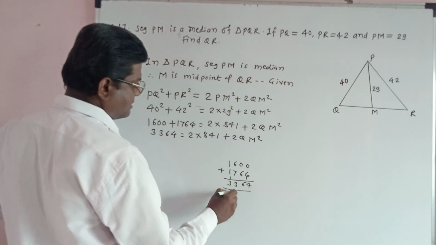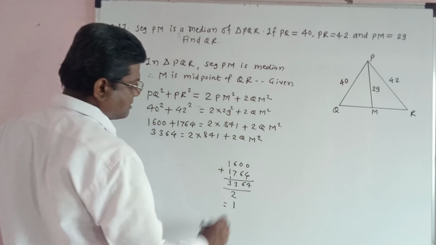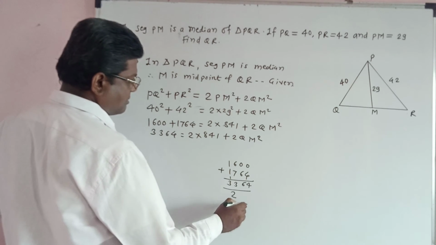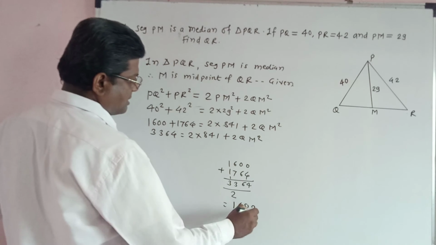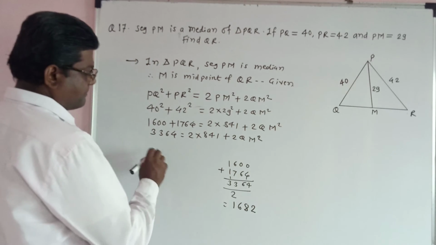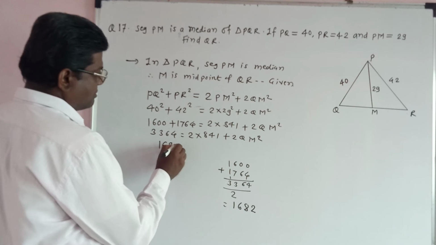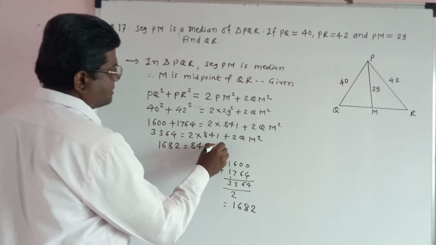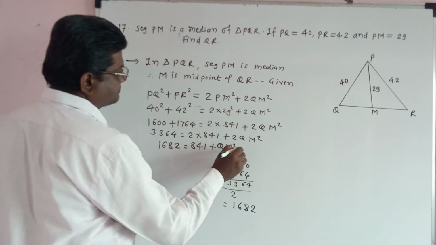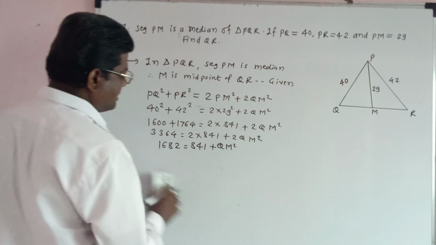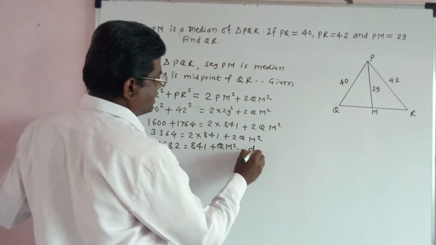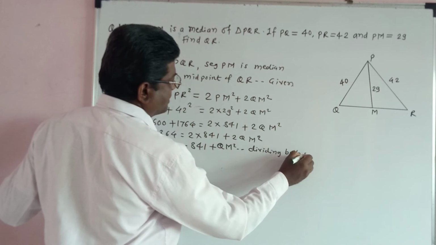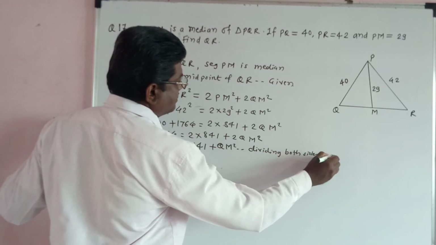So 1682 is equal to 841 plus QM square. The reason is dividing both sides by 2.